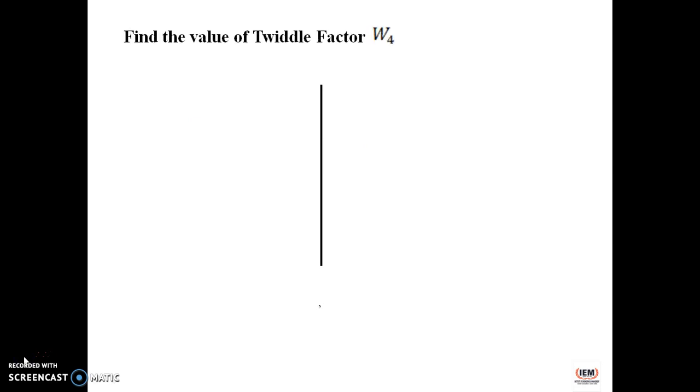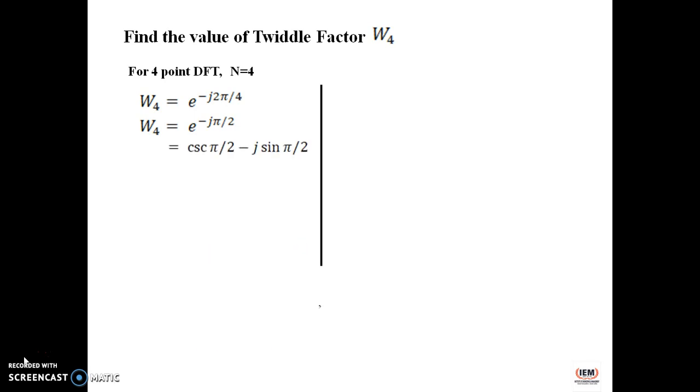Now find the capital W4 value. So for N-point DFT, here N is considered as 4. Now capital W4 is e to the power minus j 2 pi by 4. So that means cos pi by 2 minus j sin pi by 2, which equals minus j.